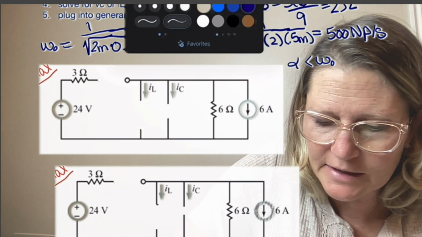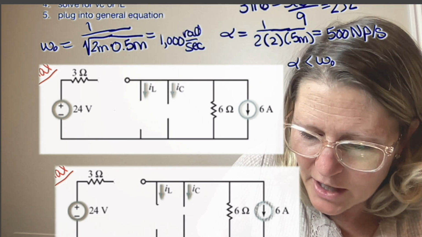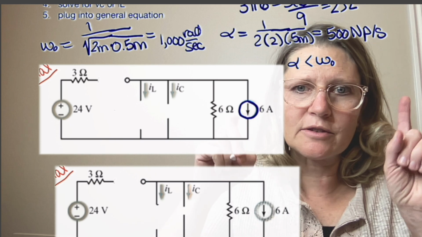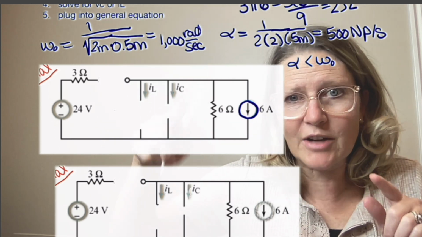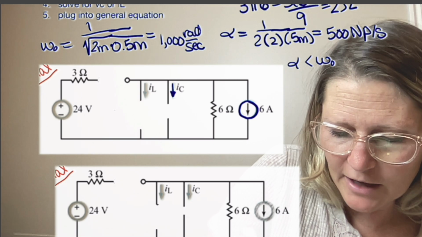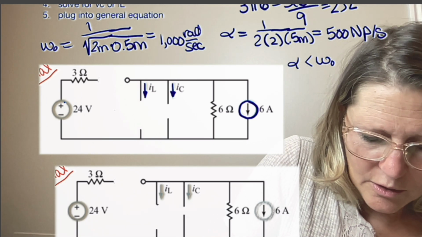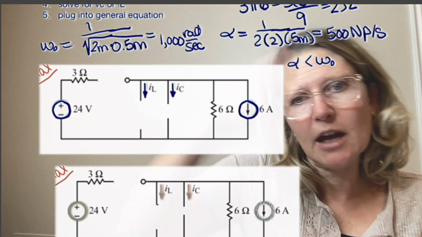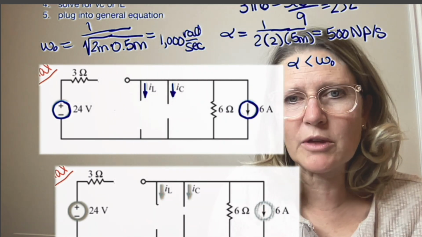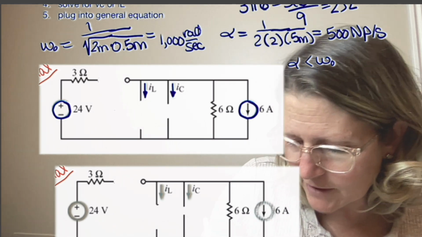Remember that for underdamped, it's going to oscillate as it transitions from the initial to the final. So you're going to have an oscillation, and it's going to oscillate at that omega D value. It will usually either decay or increase and then do a little ringing, but that oscillation will be at that omega D value.